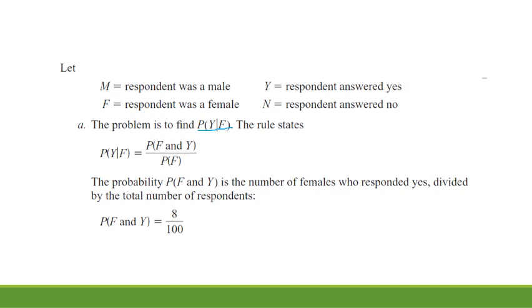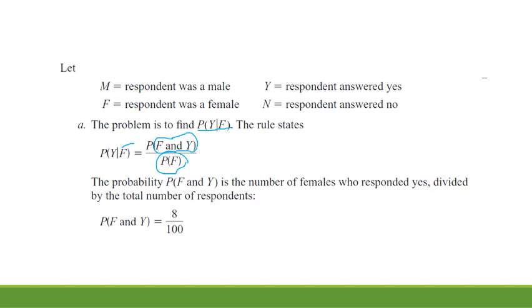So take note, in conditional probability, you just need to divide the probability of getting both events, so the probability of getting a female and a yes, all over the first event, which is also stated in the problem, given that the respondent was a female. So that is the first event.